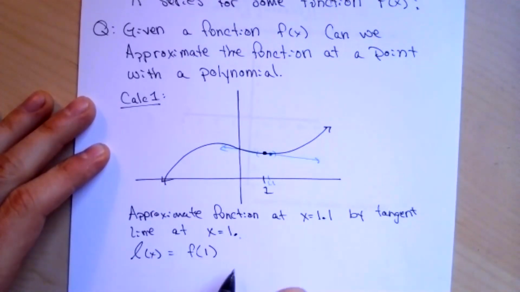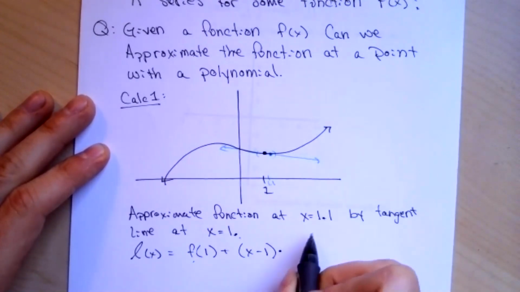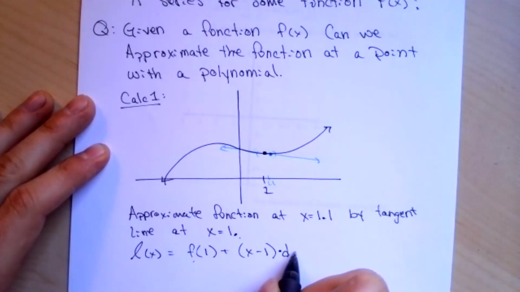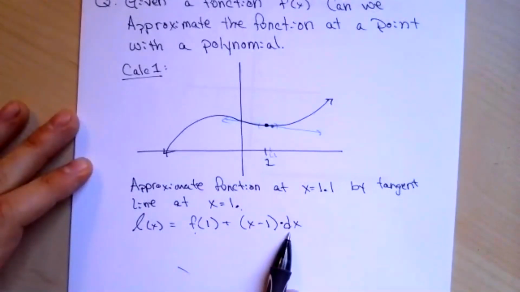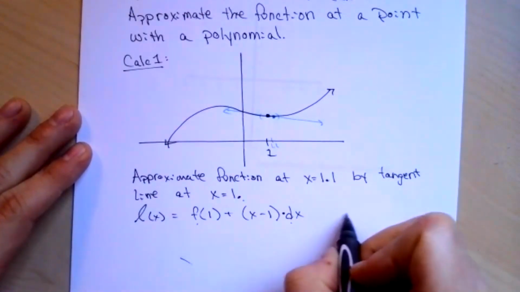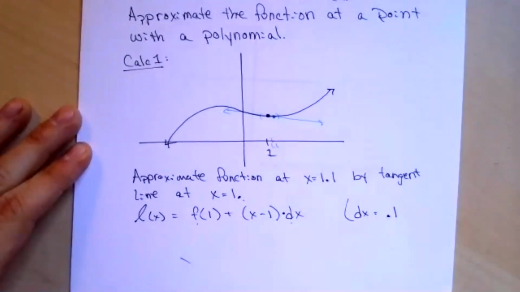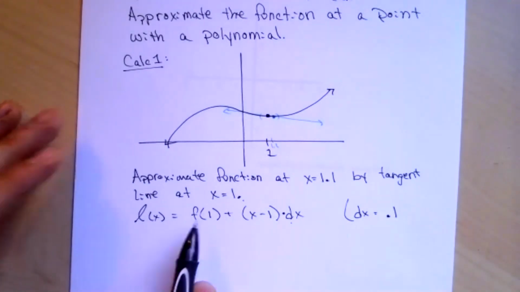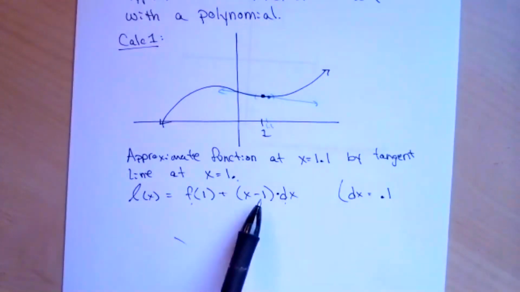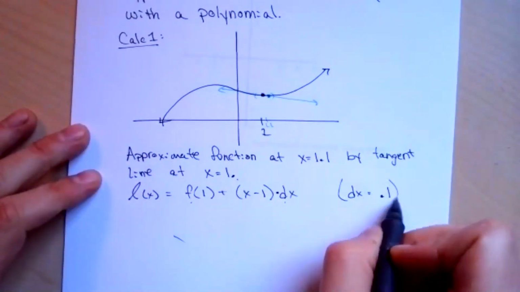And let's say, so at x equals 1, we computed the value of the function at x equals 1, and then we added on some sort of dx, where our dx in this case is maybe 0.1. So we are deviating from the center of the line, or our basis point for the line, by 0.1.